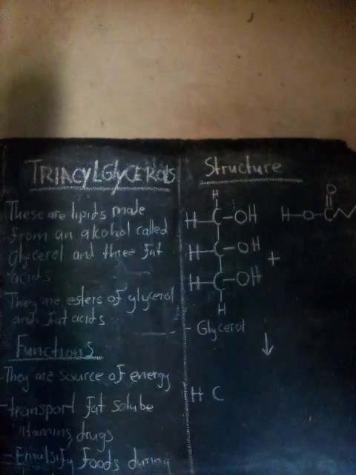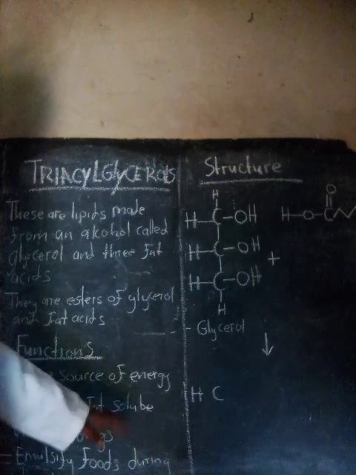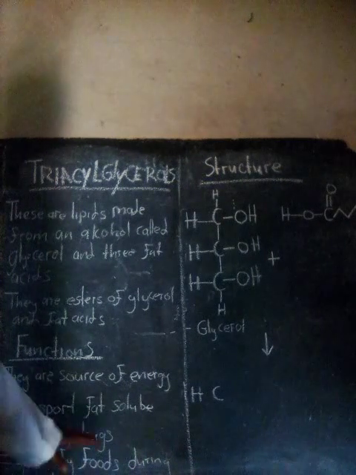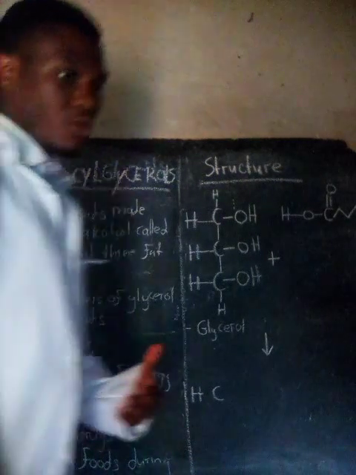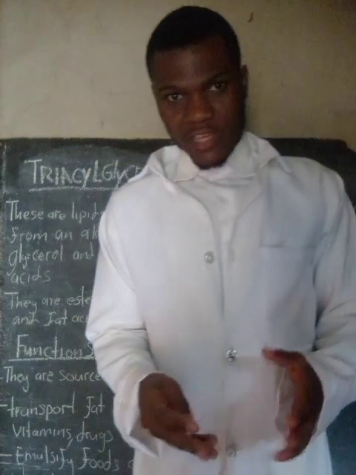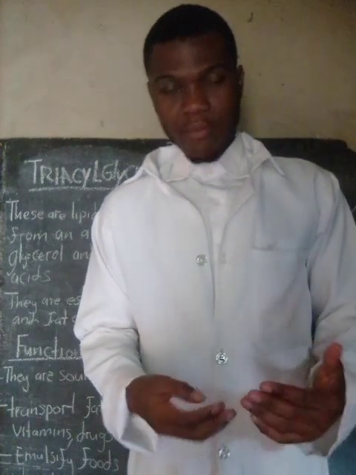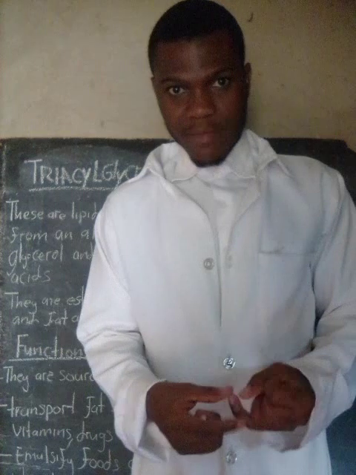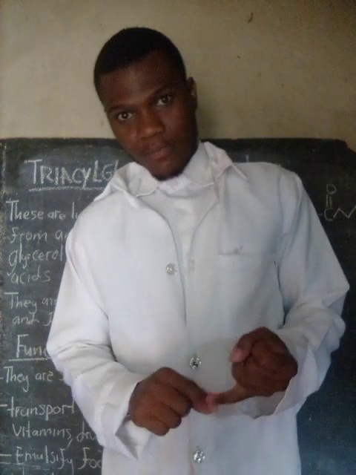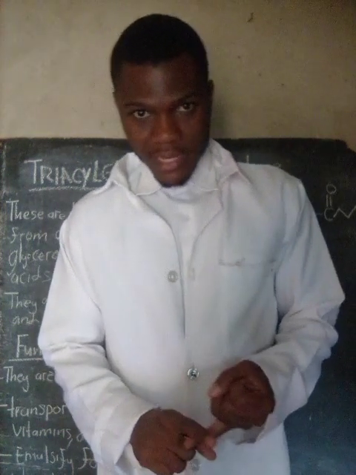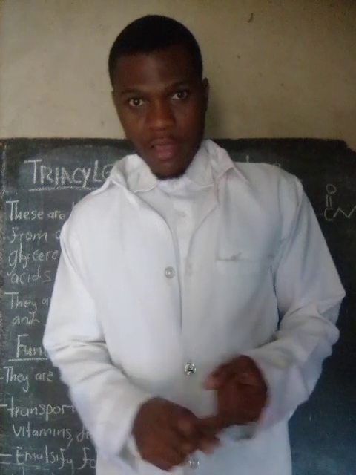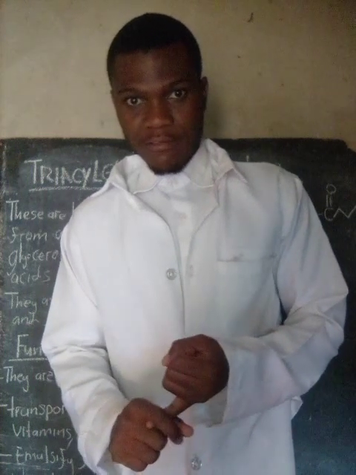Number two, they transport fat soluble vitamins, drugs, and also cholesterol. Because of the nature of these kinds of lipids, they are able to transport. There are two types of vitamins: vitamins that we call fat soluble vitamins and water soluble vitamins.